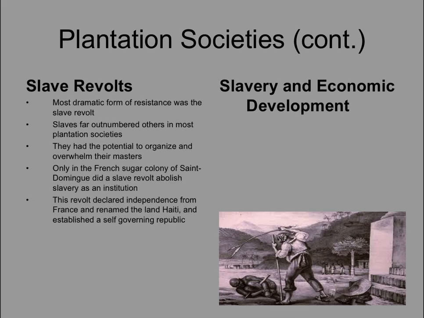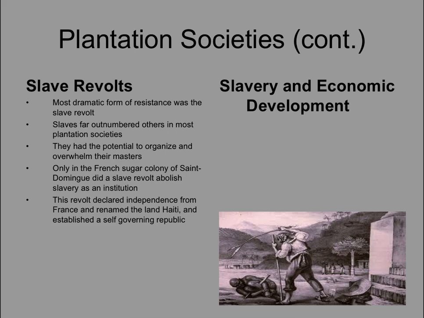Still with plantation societies, like I said, we see slave revolts also. The slave revolt was the most dramatic form of resistance, and the slaves far outnumbered others in most plantation societies. So maybe you had like 20 plantation owners, the plantation owner and their family, and you had like 60 slaves there working for him.